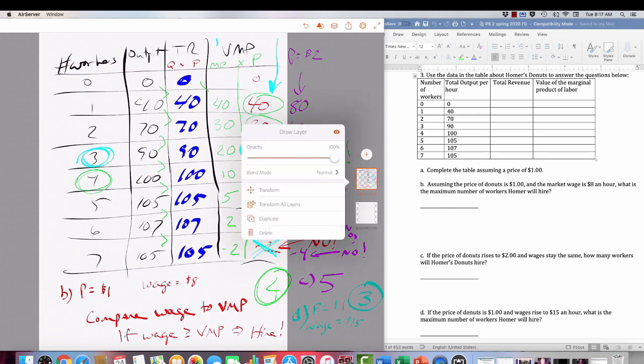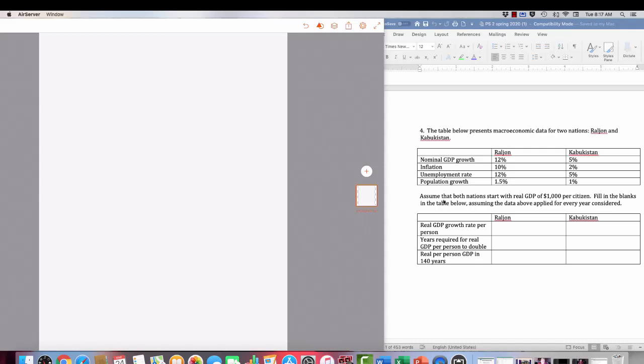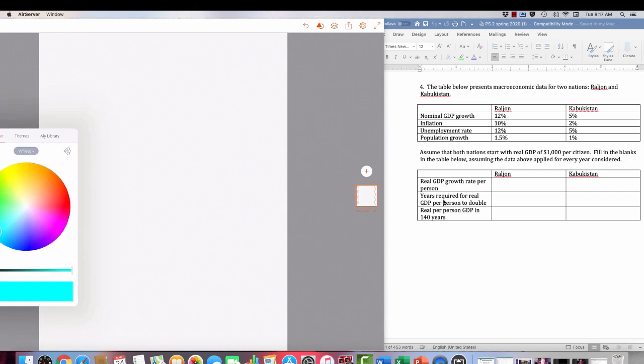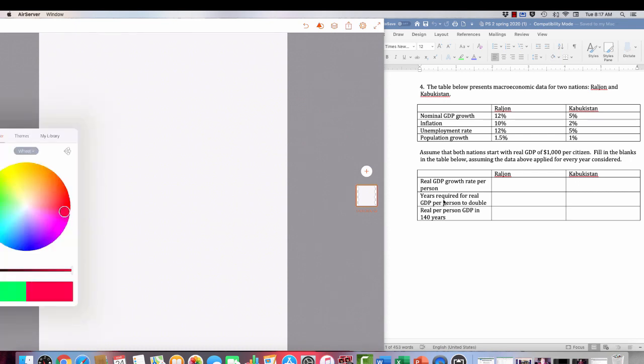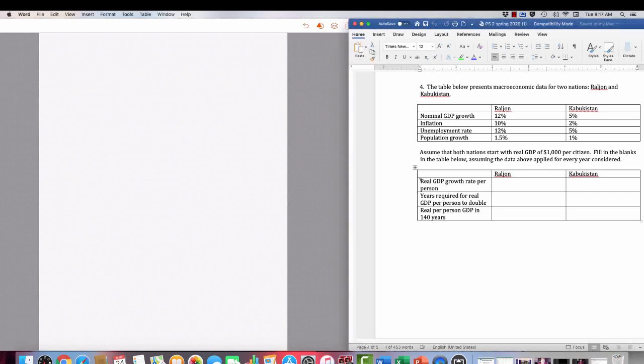All right. So let's move on to question number 4. Question number 4 may seem complicated, but there's far less going on here than what we saw in question number 3. So here what we're looking for is, what's the real growth per person for each of these 2 countries?